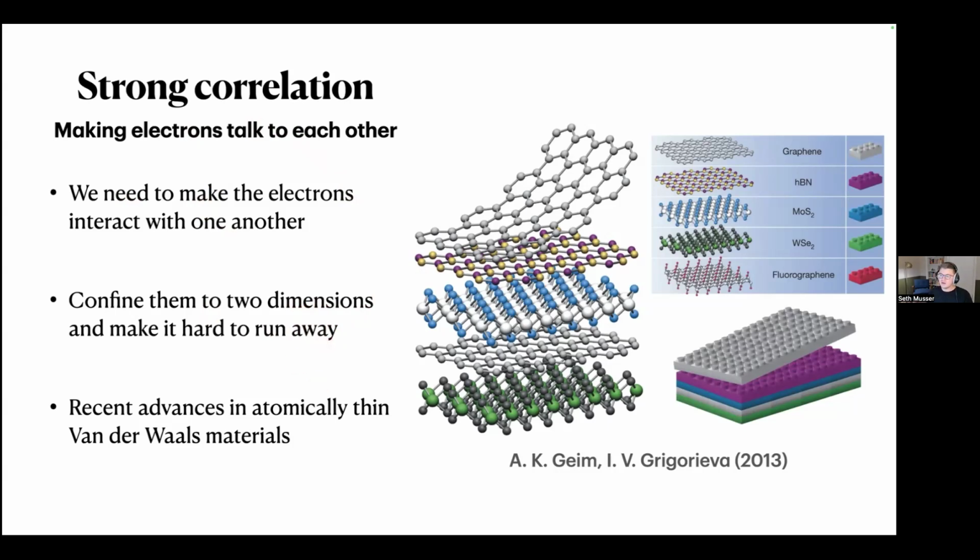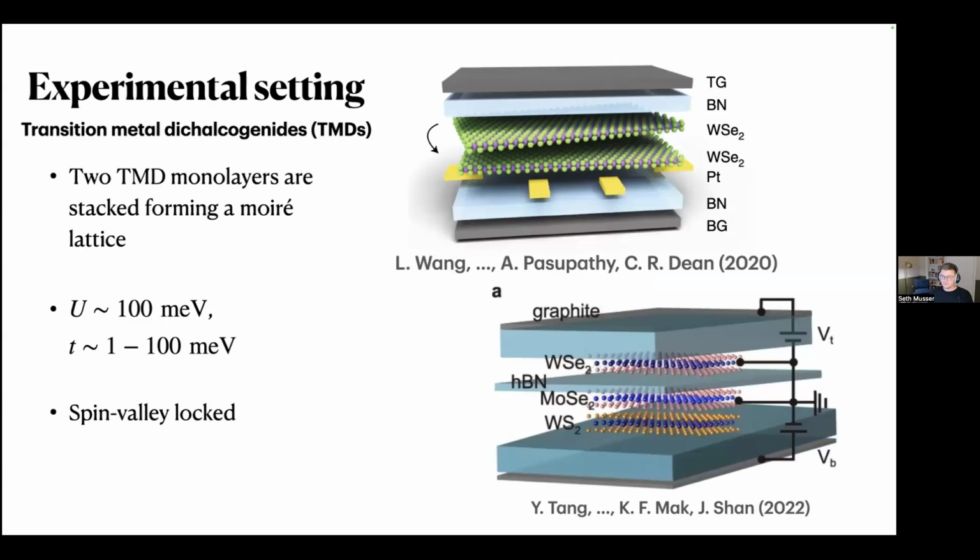So it's easier for repulsive effects to dominate over the kinetic energy. And this is greatly helped by the amazing advances in atomically thin van der Waals materials, where we can, or I shouldn't say we, but heroic experimentalists can build whatever system we want to study these strongly correlated electrons.